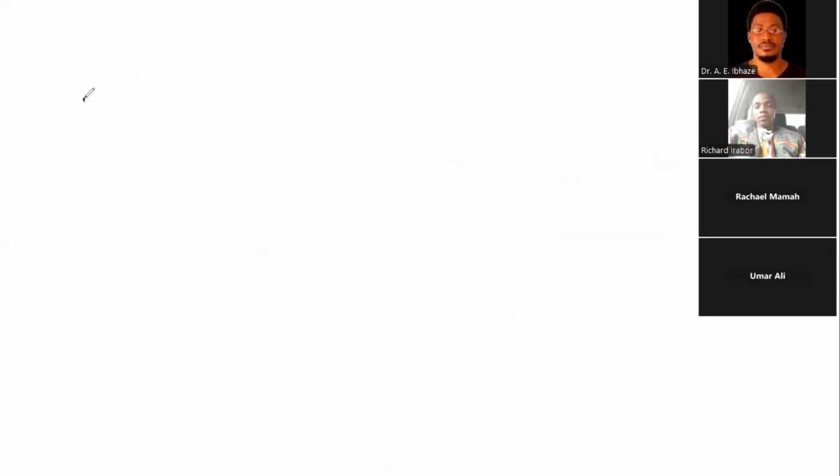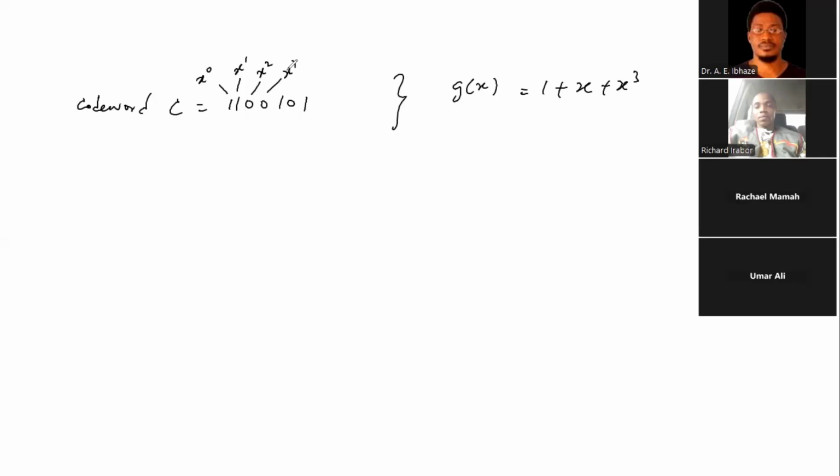We have been given the code word C to be 1100101, and the generator to be the same as 1 plus x cubed, right? So we can convert this again. Recall this is x to the 0, x to the 1, x squared, x cubed, x to the power 4, x to the power 5, x to the power 6, right?